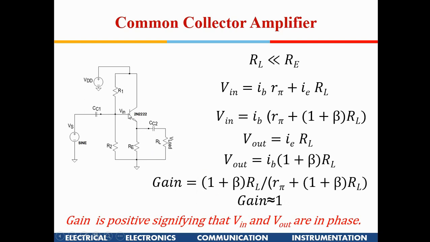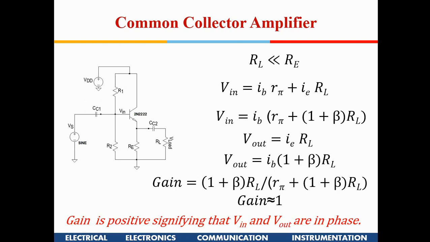Another aspect which I would like to tell you is, there is no Miller effect here. There is no gain in this amplifier when the signal is moving from here to here. So the capacitance is not going to get multiplied by the gain factor of 200 or 300 like in the CE amplifier.